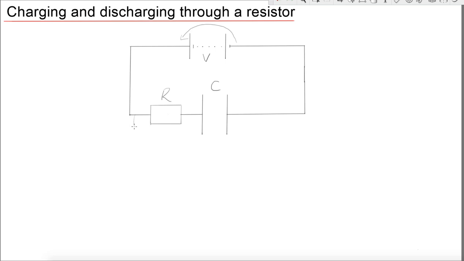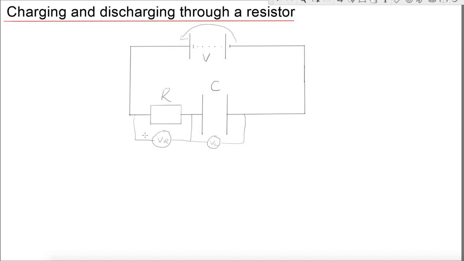So if we stick a voltmeter in there, we call that VR. We stick a voltmeter in there, we call that VC. At this point, as we've just closed the switch, we have a potential rise of V volts across here. We must have a potential drop across here, but we've said there is no PD across the capacitor.